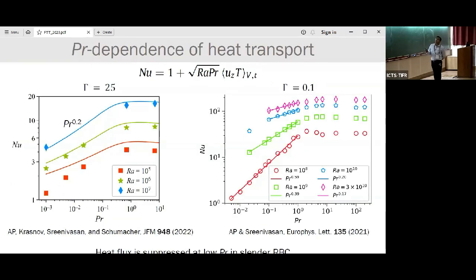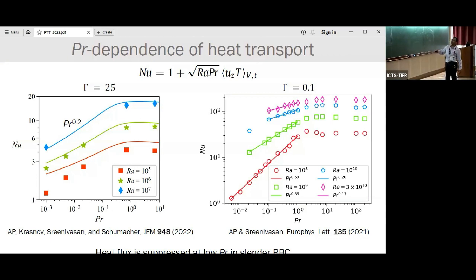Let's look at the Prandtl number dependence of the heat transport. As I mentioned, the data in Karthik's paper show heat transport is nearly the same when Prandtl number is 1. We didn't have any significant effect. But what happens if we vary the Prandtl number now? Here is data in a gamma equal to 25 box, an extended box.